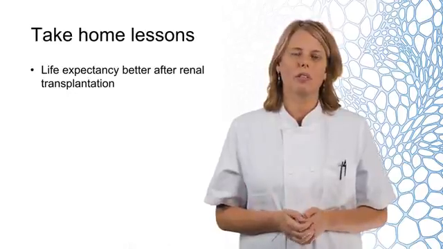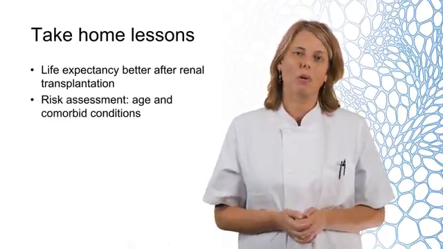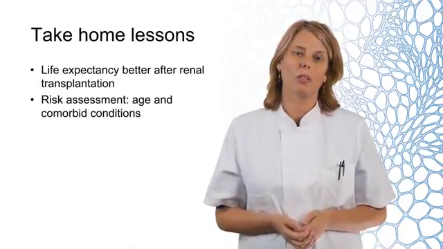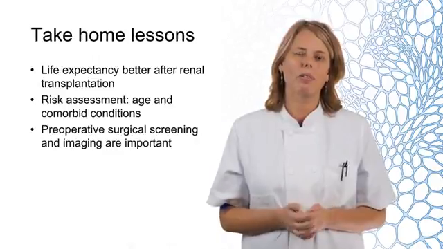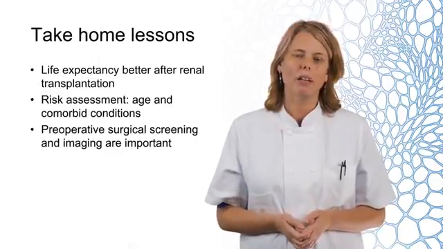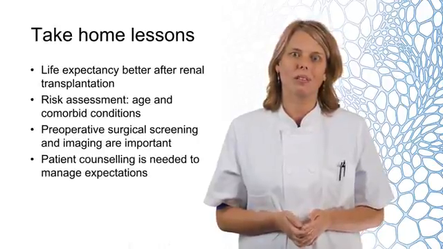Secondly, risk assessment is key, and this includes taking into account age, but also comorbid conditions. Thirdly, preoperative surgical screening and imaging are very important. And lastly, patient counseling is needed to manage the expectations.